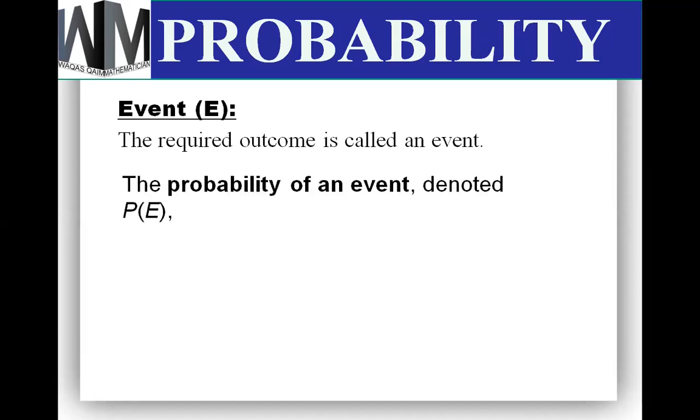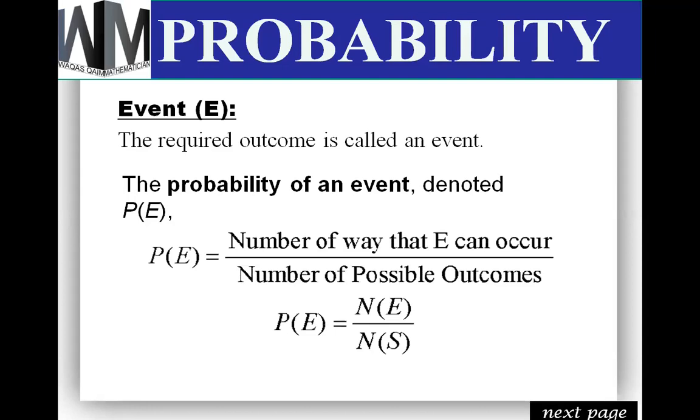Okay, so the probability of an event is denoted by P(E). So P is representing the probability of the event. The event could be any outcome. And the formula for calculating the probability is the number of events over the number of total possible outcomes.